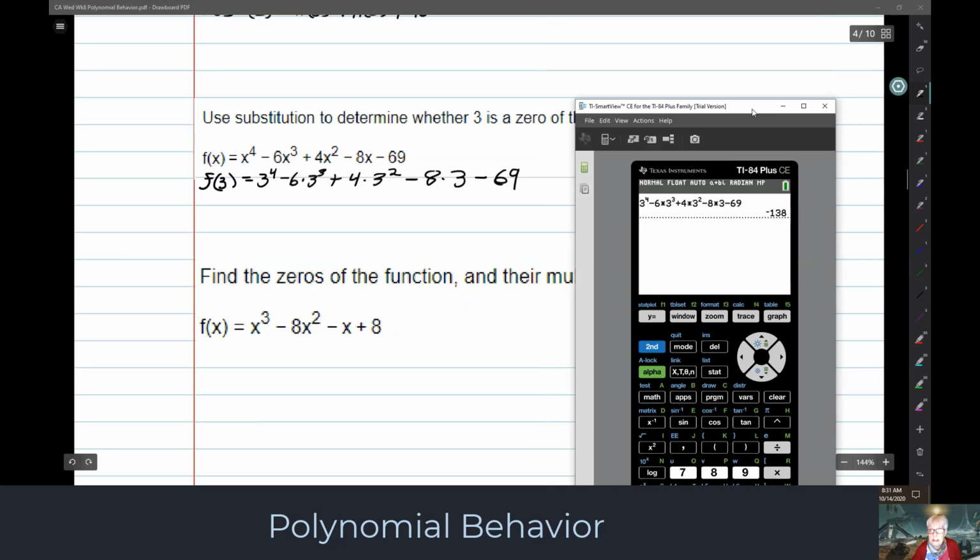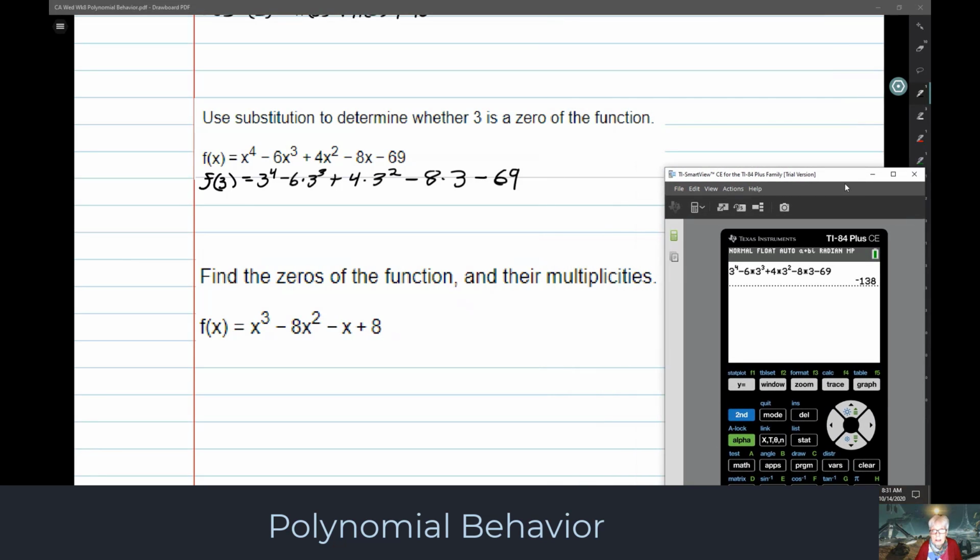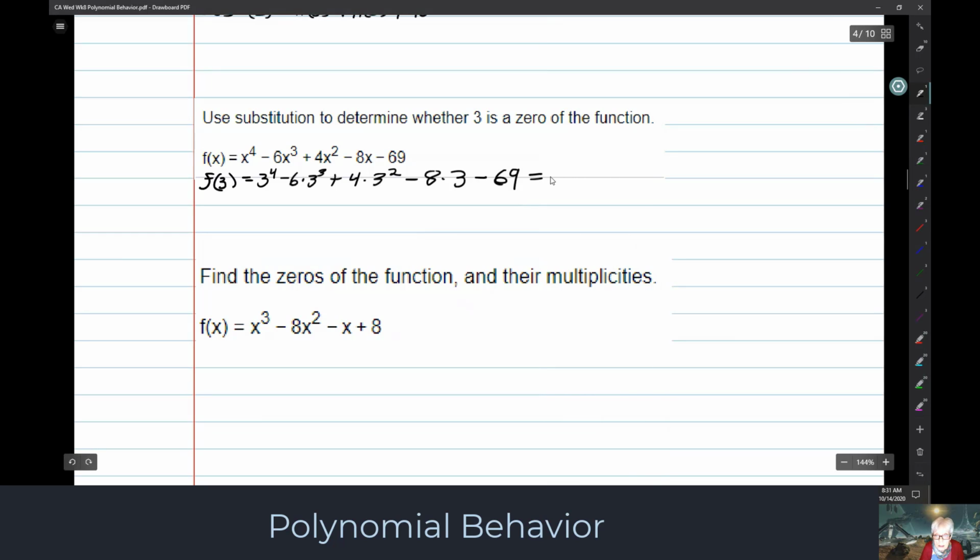Well, I guess that means that 3 is not a 0. So no, 3 is not a 0 of f of x. It's a very nice number, but it's not a 0 of f of x.